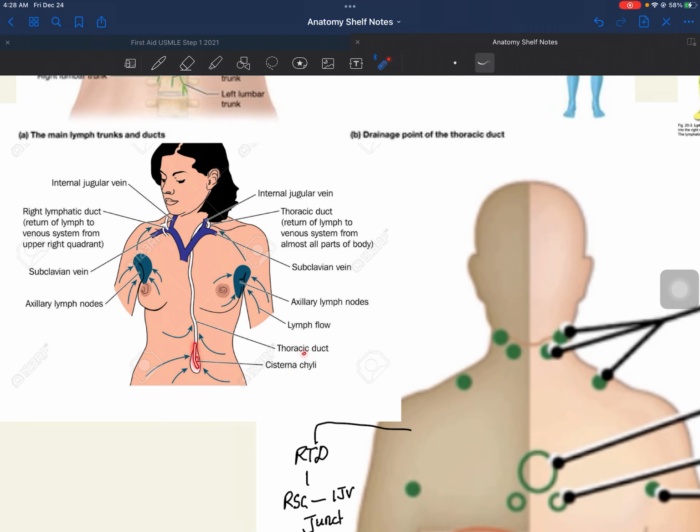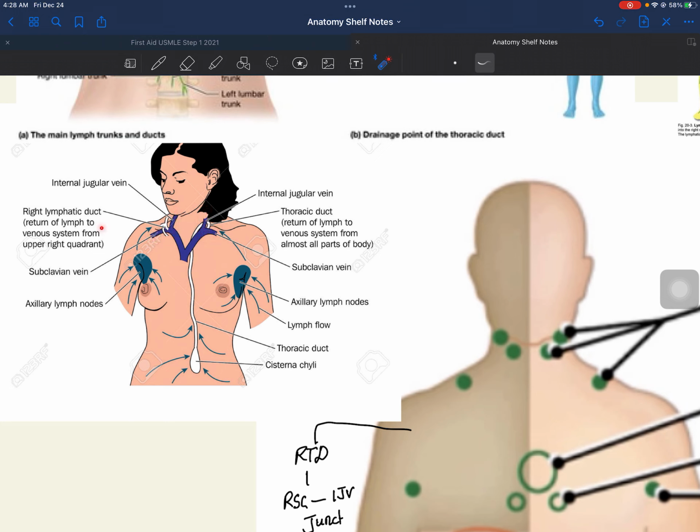The thoracic duct starts here at the bottom on the left side, and goes to the same area, which is the jugular vein and the subclavian. This is the angle where these two meet, and then the same thing here. This is the internal jugular vein and the subclavian vein, and where they meet, that will be the right lymphatic duct.